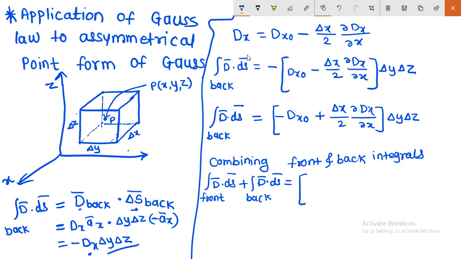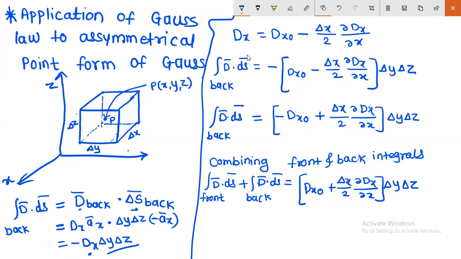It was plus dx0 plus delta x upon 2 into daba dx divided by daba x into delta y and delta z, right?